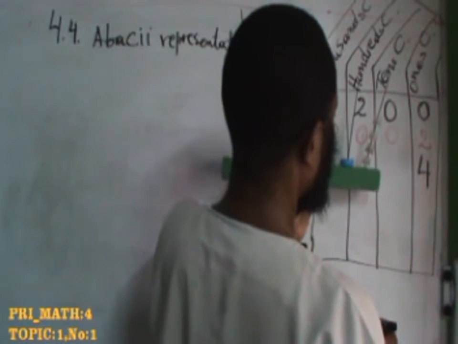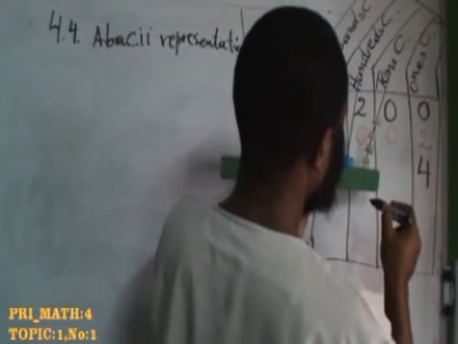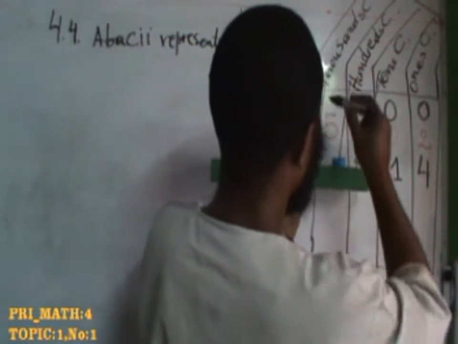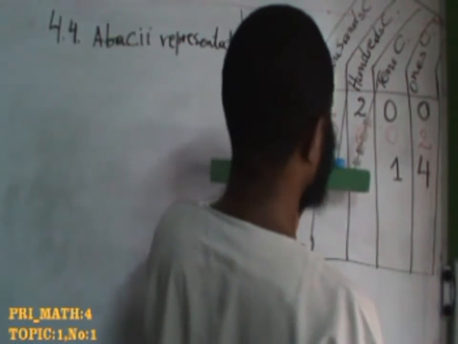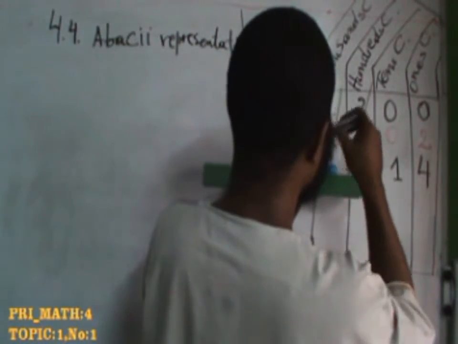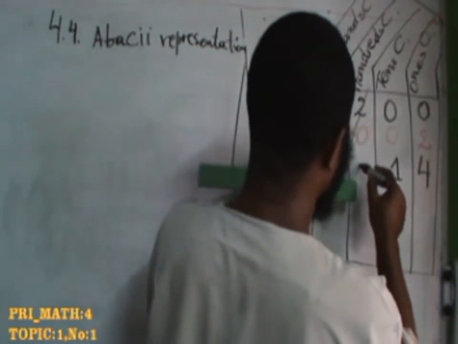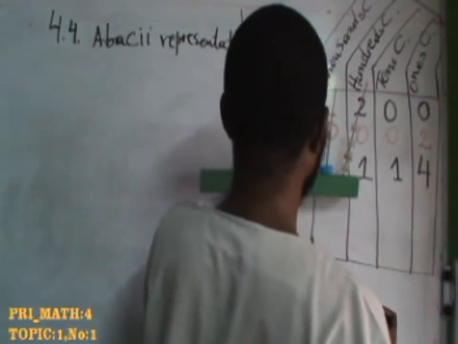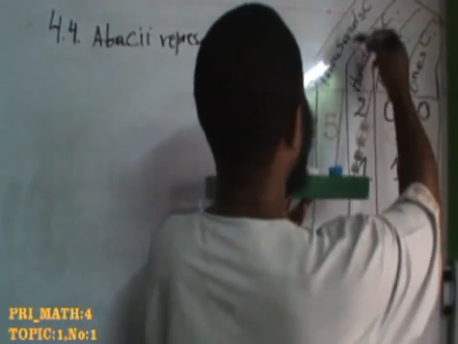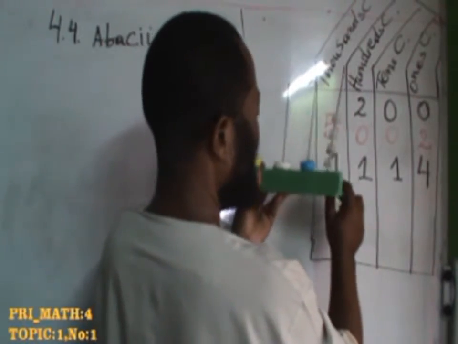The second X we say will be for tens. So we have one object here, so we put 1 in tens column. And for the next X we have one object, which is our hundreds column. So we put 1 here in our hundreds column. And we have one object for our thousands column. So we put 1 here.